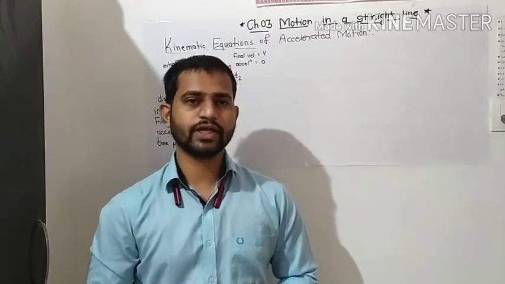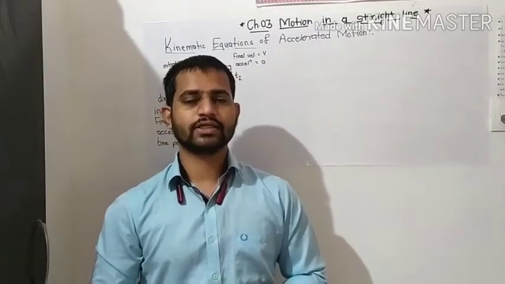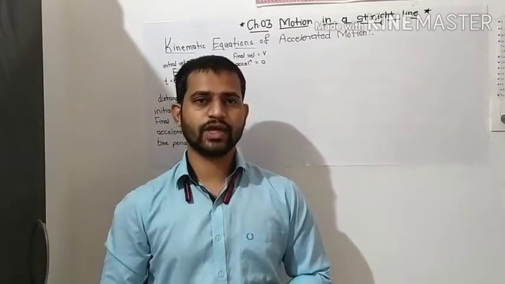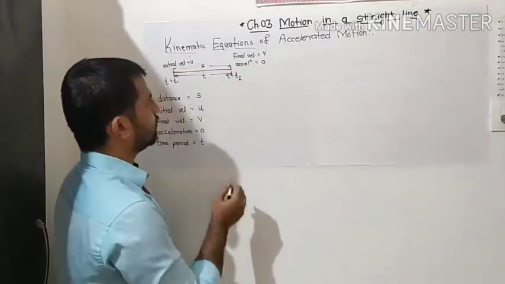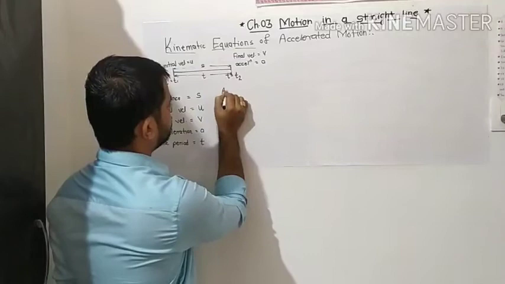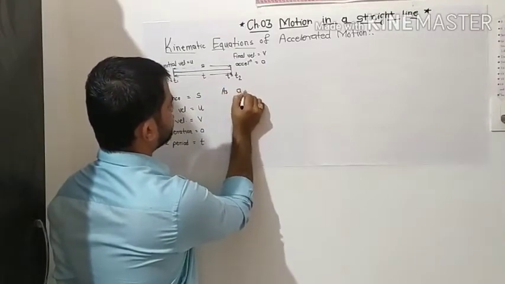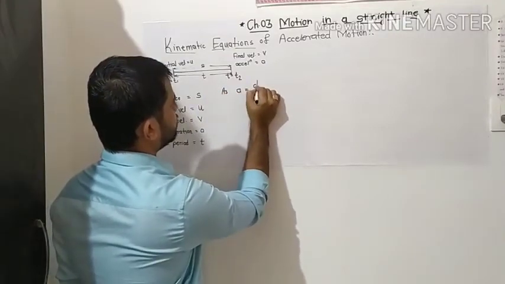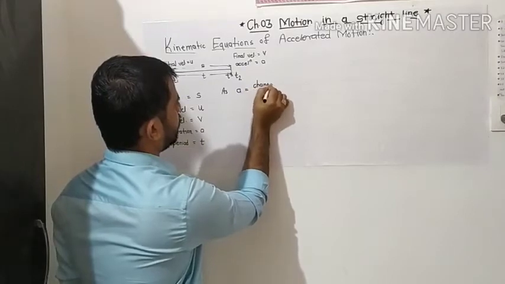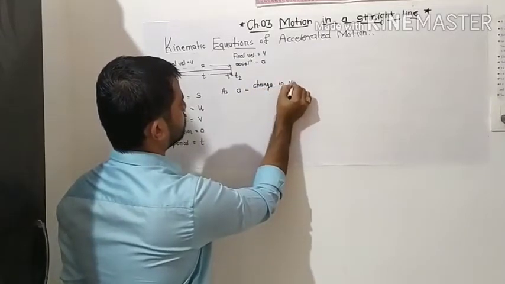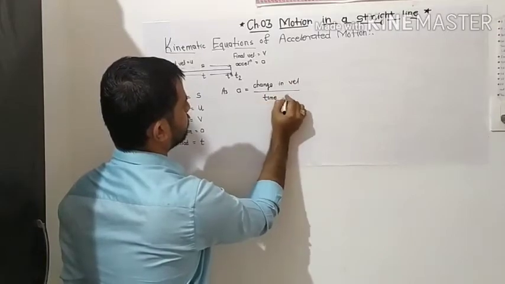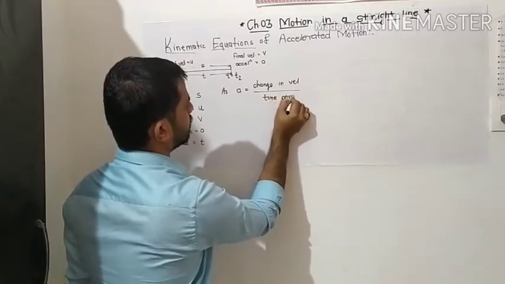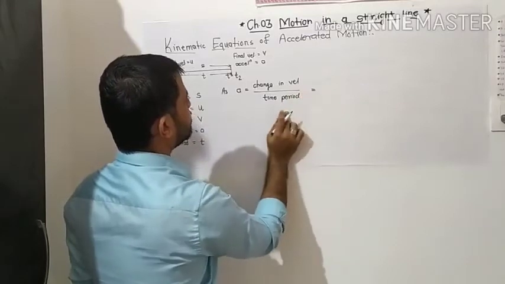So accordingly, if we take the formula of the acceleration, acceleration is equal to change in velocity upon time period. What is the change in velocity here?